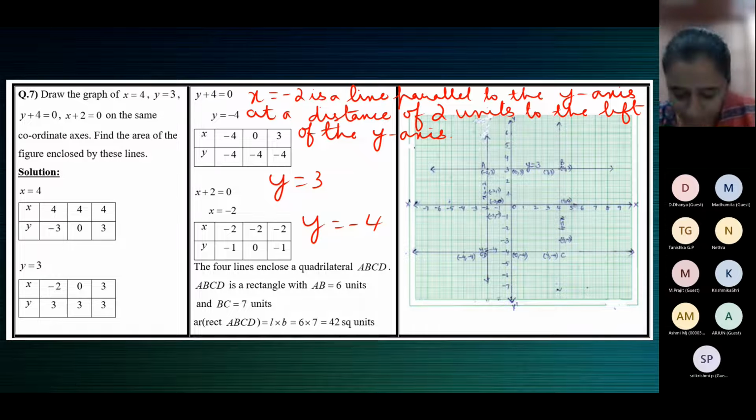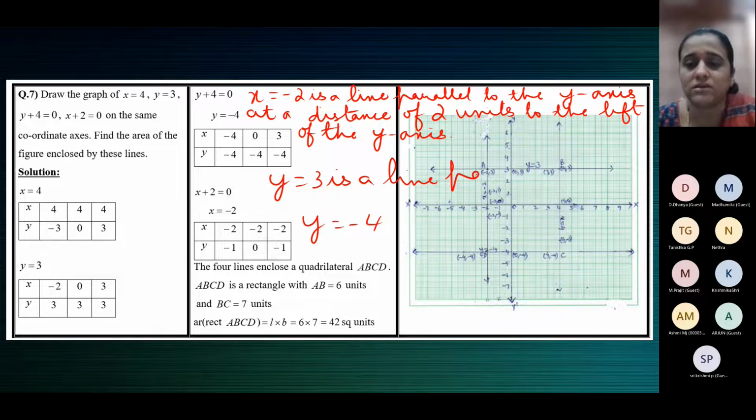Danya: So y is equal to 3 is a line parallel to the x-axis at the distance of 3 units above the x-axis. Very good.